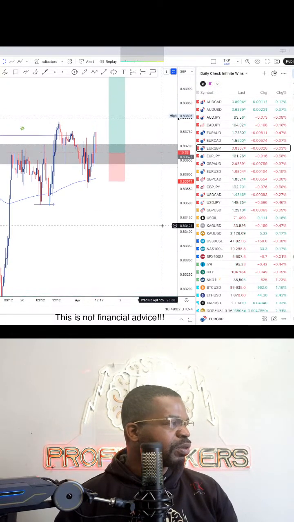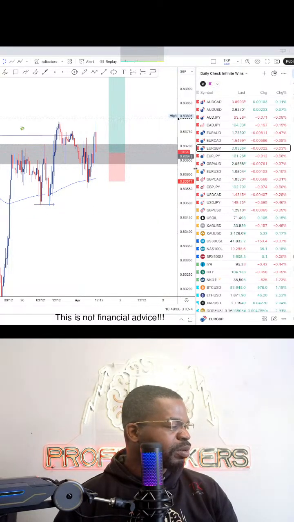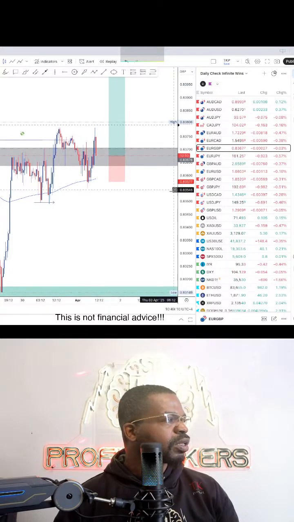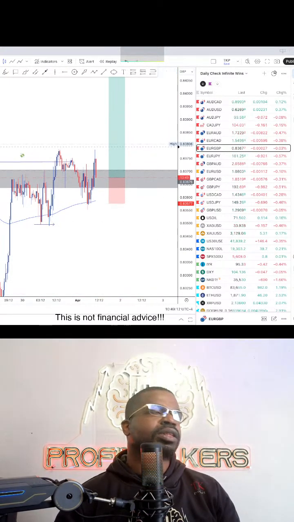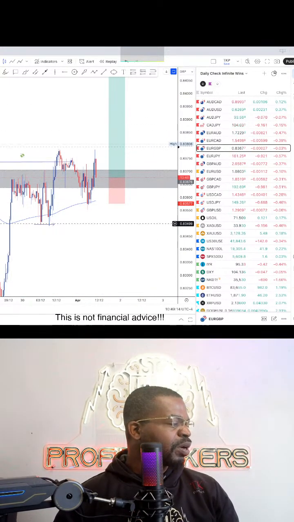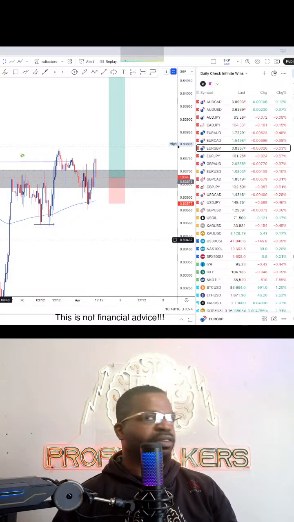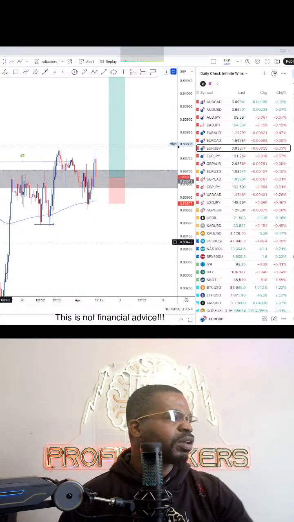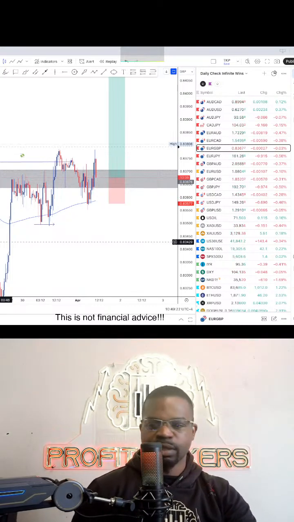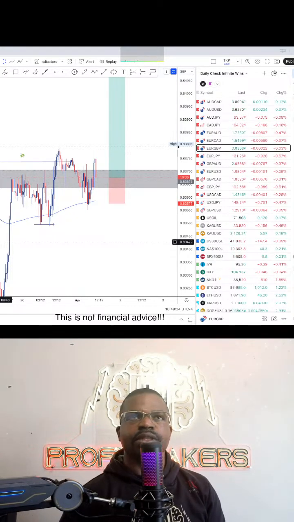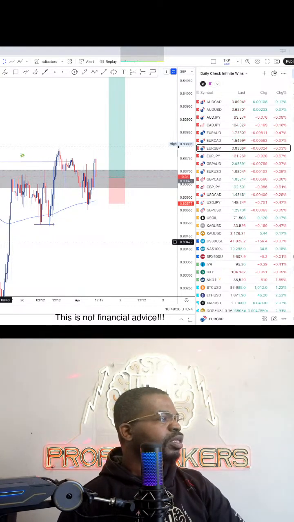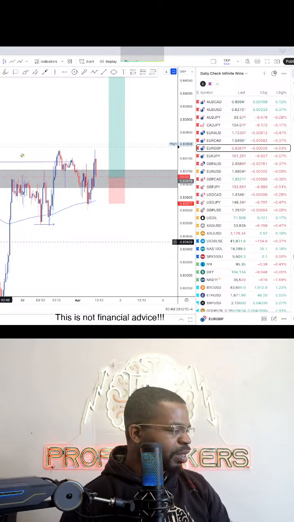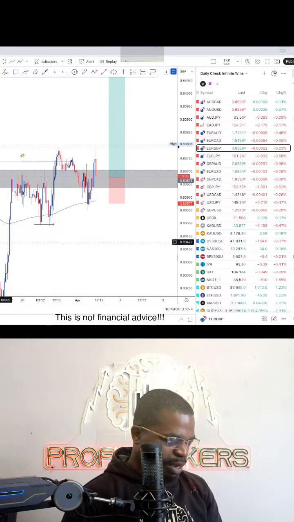All right, cool. So I'm going to go ahead and place this Euro Pound setup. Right now we're at a key level on Euro Pound. If this area holds, we will definitely see a continuation of this uptrend. Got a lot of stop losses right above the highs too.